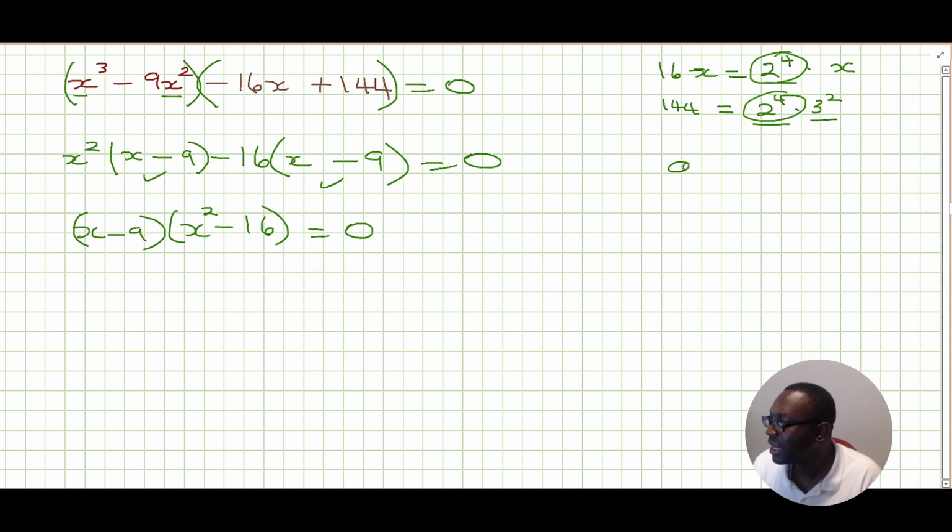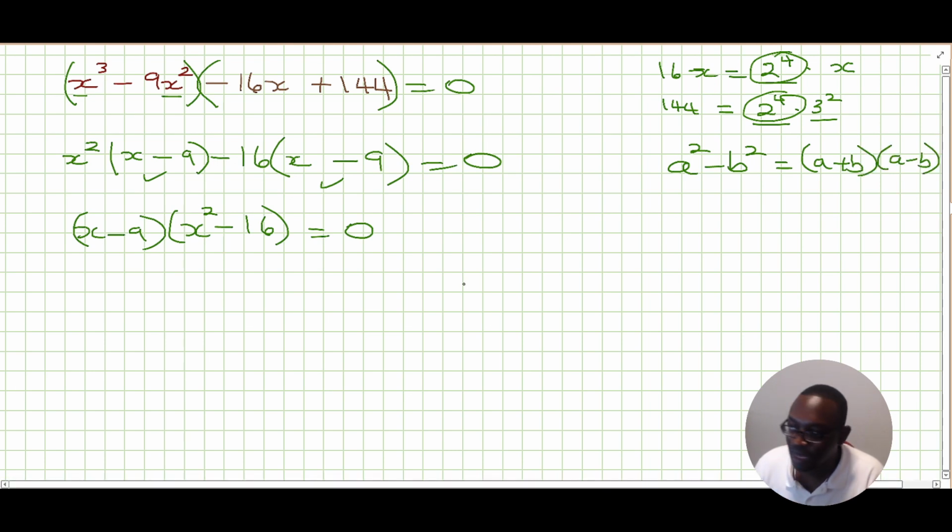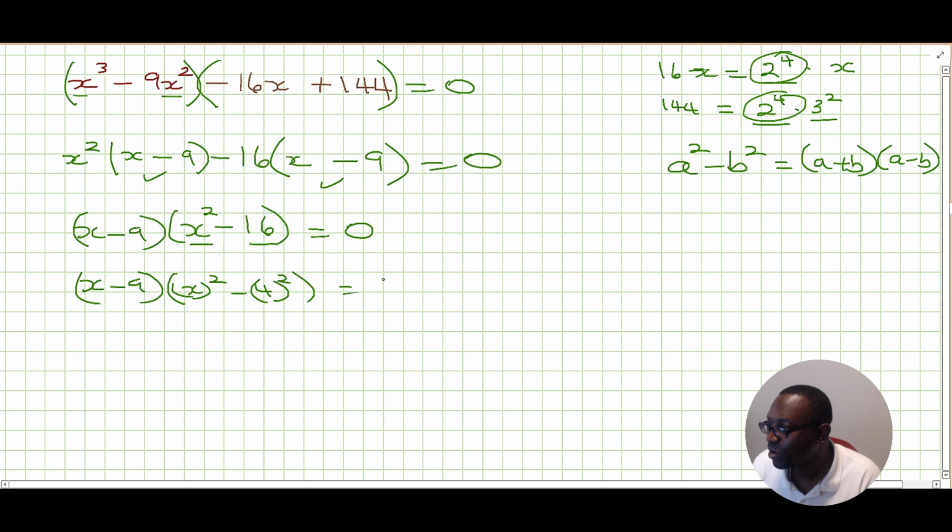So don't forget that a squared minus b squared equal to a plus b multiplied by a minus b. So now what you're going to do is you're going to replace this with its factors. So let me write this way, x minus 9 multiplied by x squared minus 4 squared equal to 0.